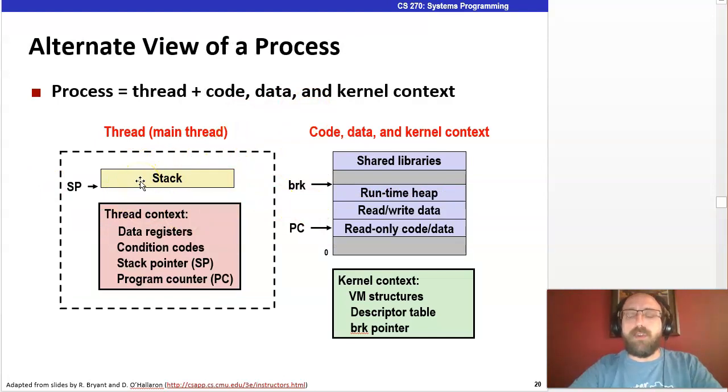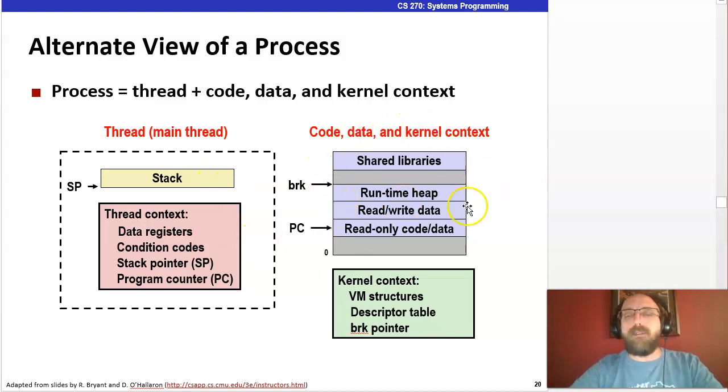The reason we do that is that if we had multiple process contexts, multiple things running at the same time, each calling their own functions, they really need to have their own stacks so they don't step on each other's toes.